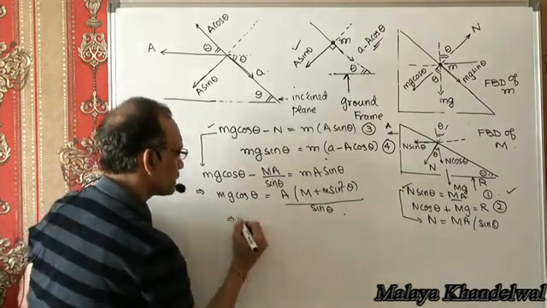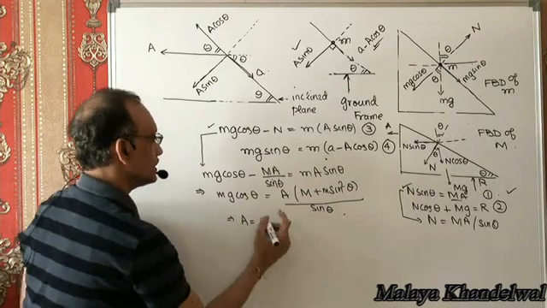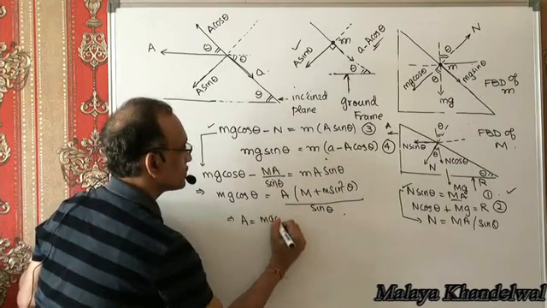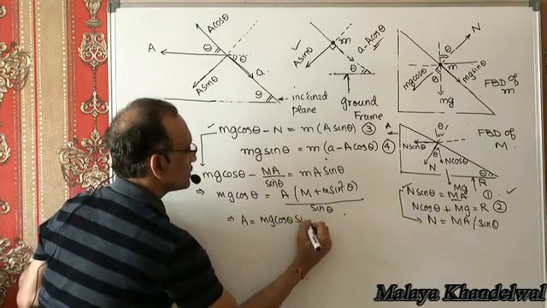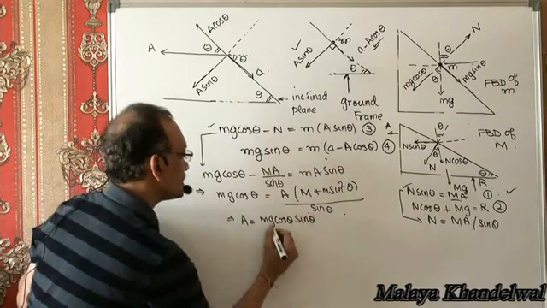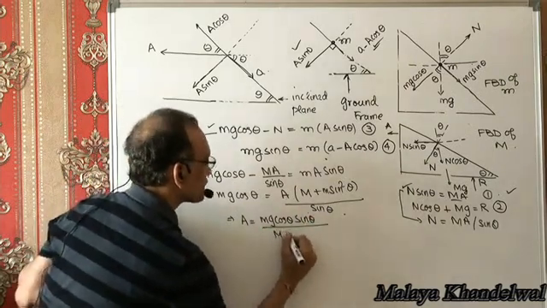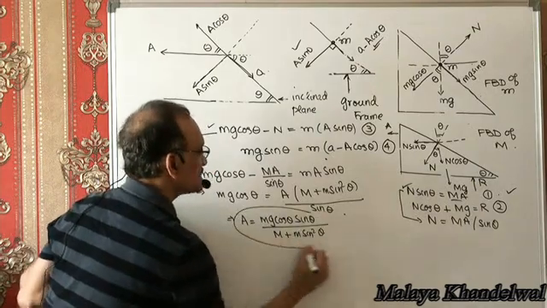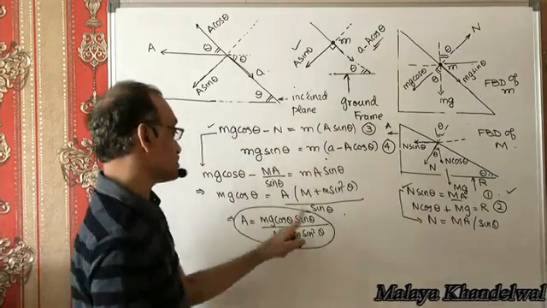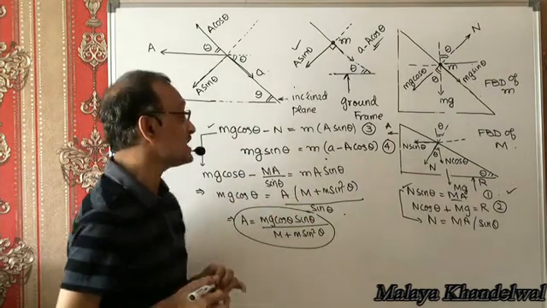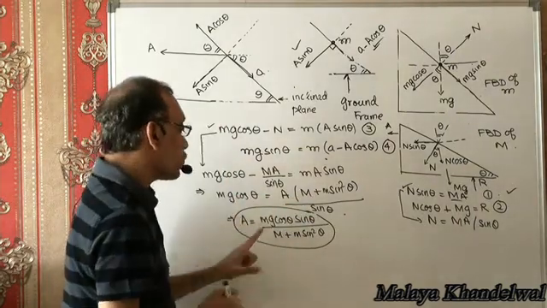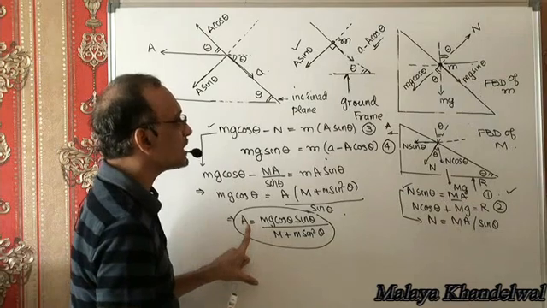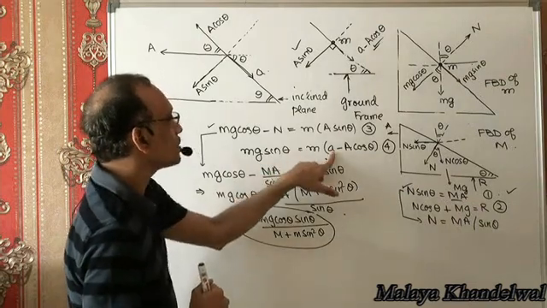A then turns out to be mg cos theta sin theta divided by capital M plus small m sin square theta. That's the acceleration of the inclined plane. Good. Now once I have capital A, can I not solve for small a?